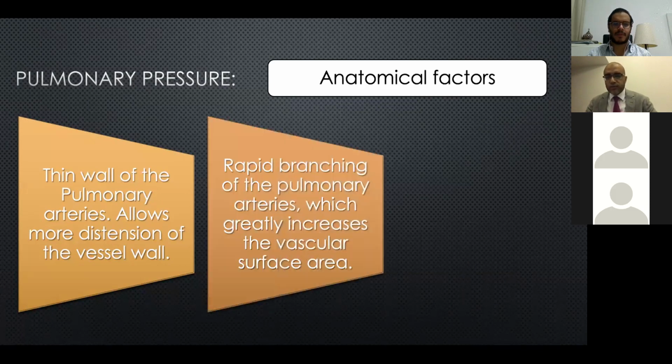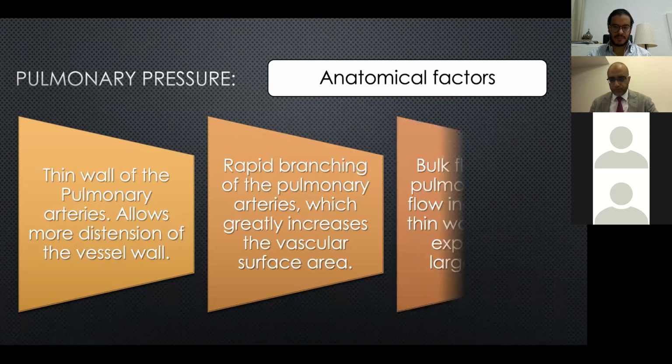The second point from the anatomical aspects that maintain pulmonary artery pressure coming from the early branching. The pulmonary artery branches starting as early as 1 or 2 centimeters from the heart, and then again the branches again with great increase in the branching towards the airways, giving a very big vascular area, which in turn give us also a low pulmonary artery or maintain pulmonary artery pressure.